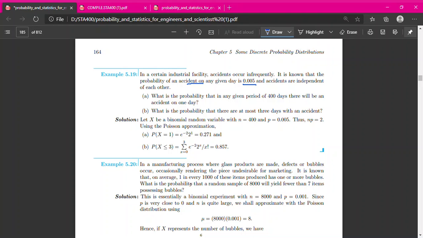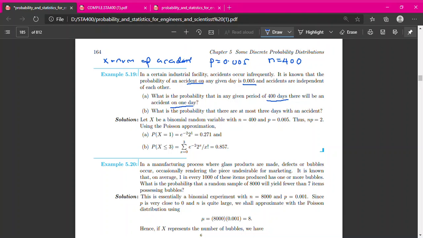So from the statement here, kita tahu the variable-nya adalah number of accidents. What is the probability that in any given period of 400 days, okay, so n adalah 400, there will be an accident on one day.